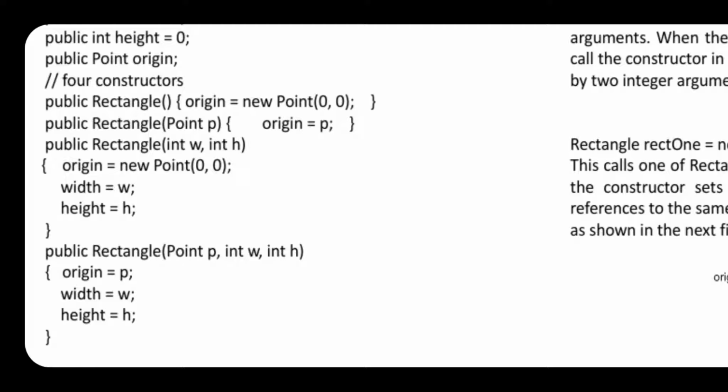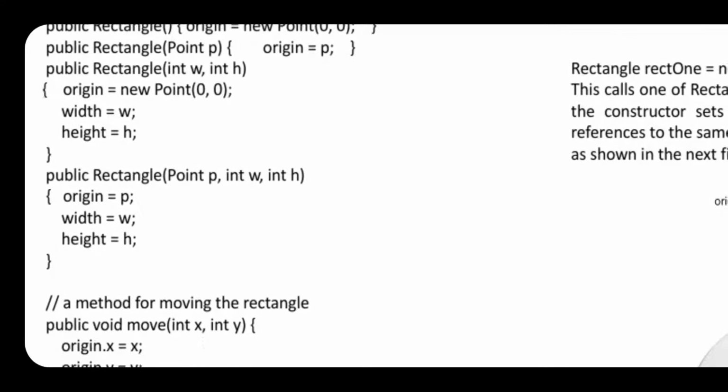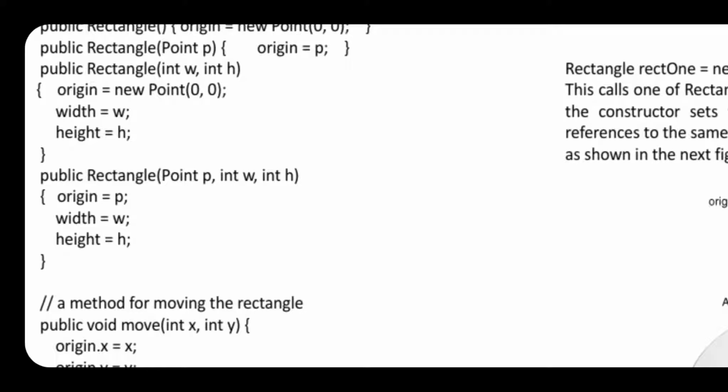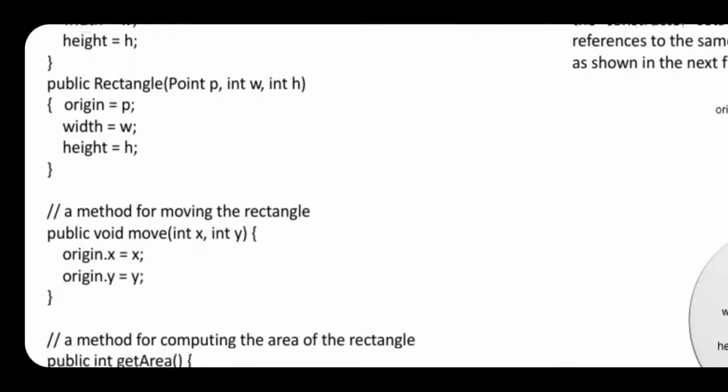w and h are the parameters which you are going to pass from the main method class to your Rectangle class, wherein it is going to store or dump them within the already present class variables of the Rectangle. Then afterwards you are going to use another function of the same kind, that is Point p, int w, int h, another variable you are going to pass.